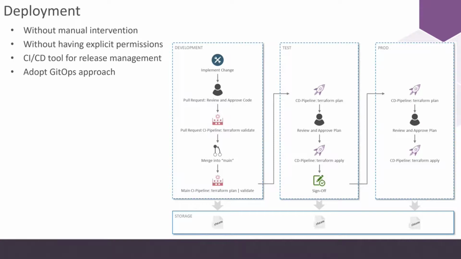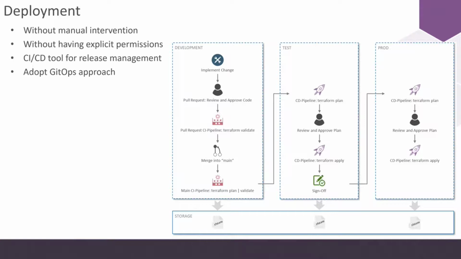And then once someone's happy with it, it's gone into development and deployed, they'll approve that to go into the test environment. That gets deployed into test, and then it goes through the same thing. You have CI and CD pipelines where somebody will approve the plan, and then that plan is what's applied. With apply, you can apply a specific plan. You don't have to run a plan during the apply.